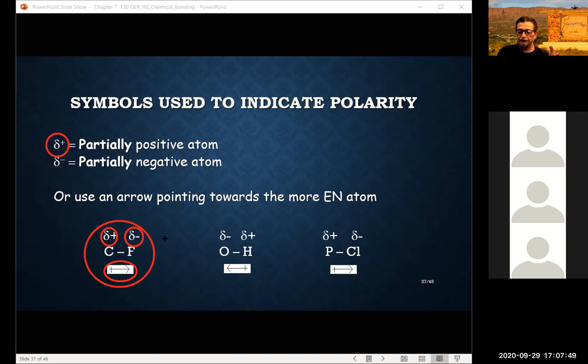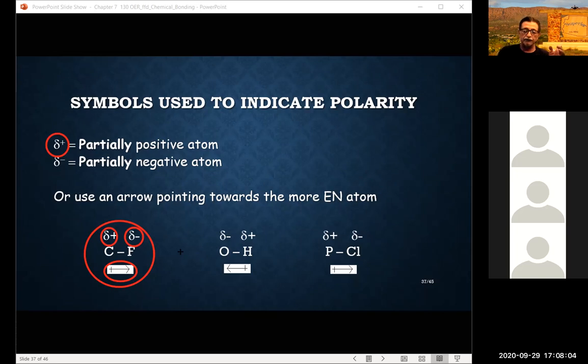And if you can think about this, if I had another molecule that would line up with this, my partial negative would line up and be attracted to a partial positive, and so forth, okay?